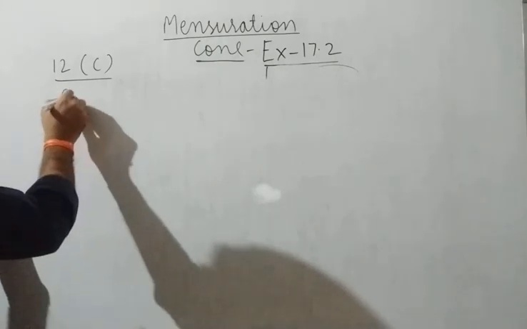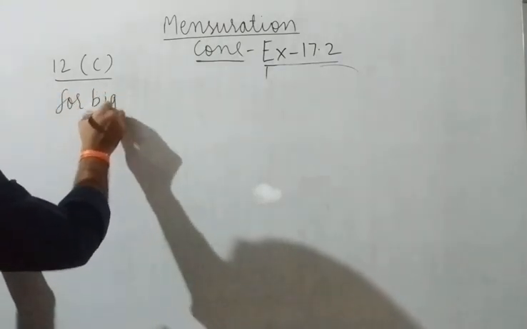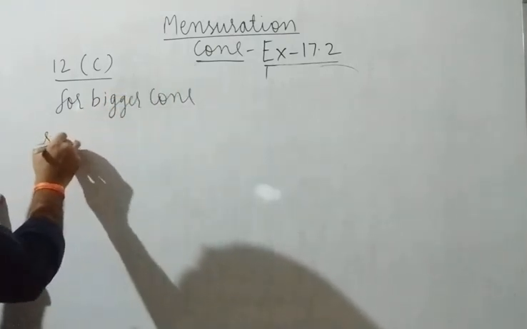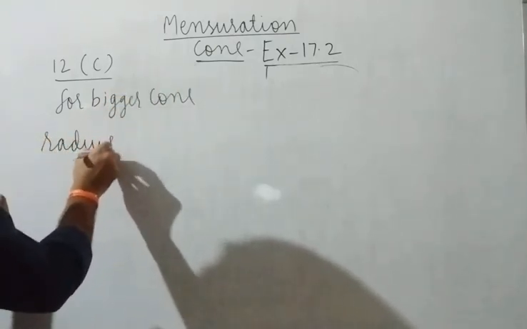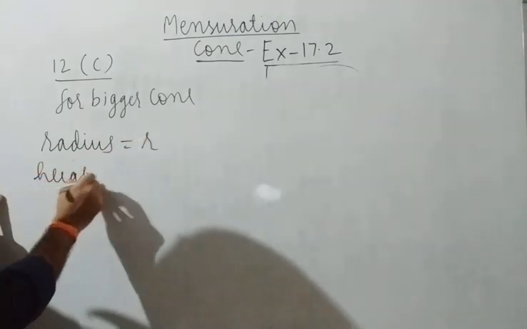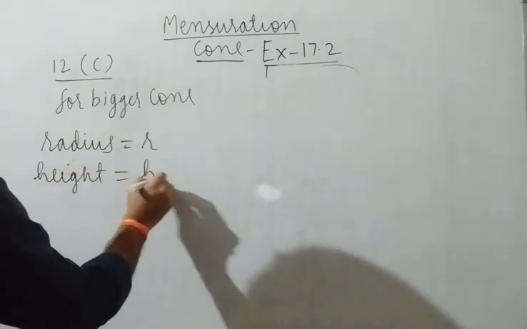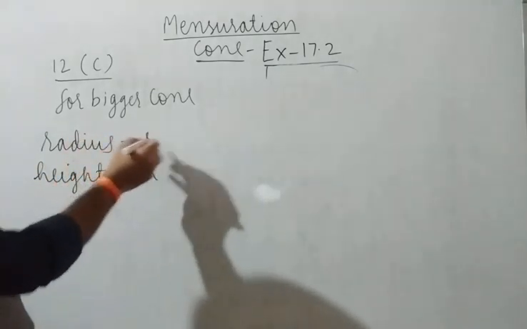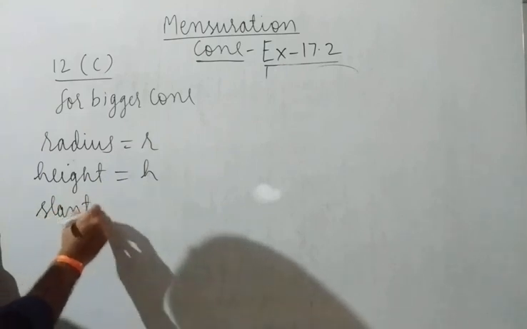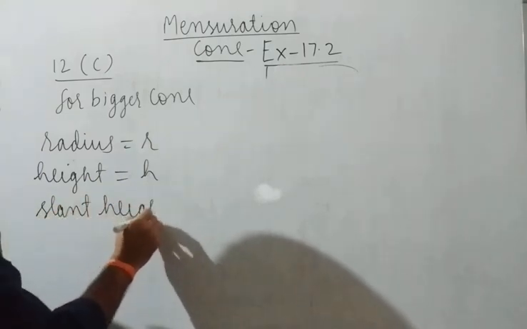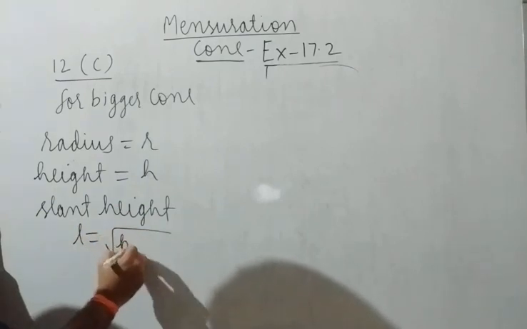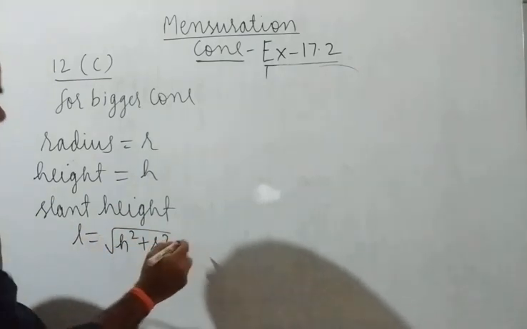Let for bigger cone, radius R, height H. So if radius and height are R and H, let slant height be L. Correct? And L will be equal to under root H square plus R square.